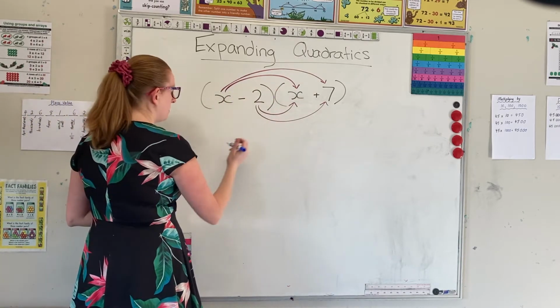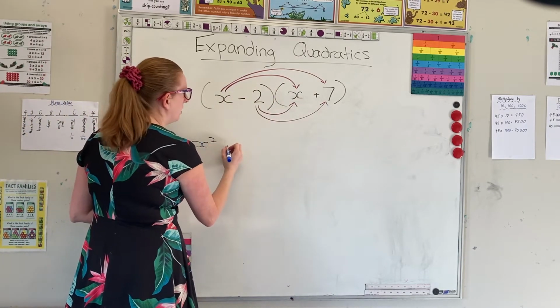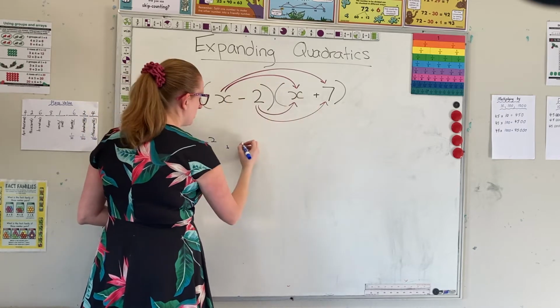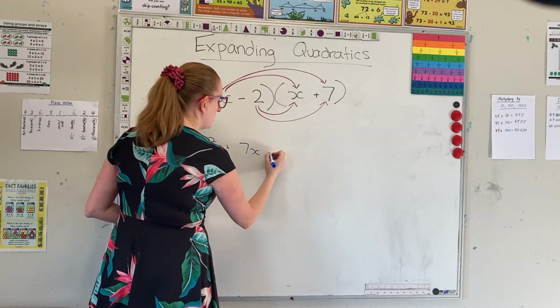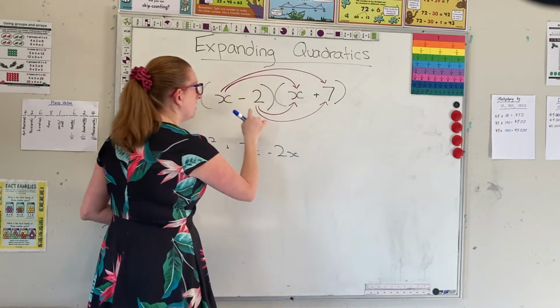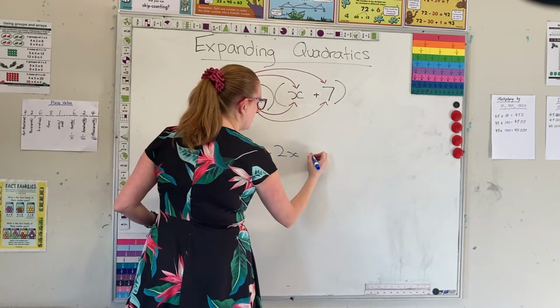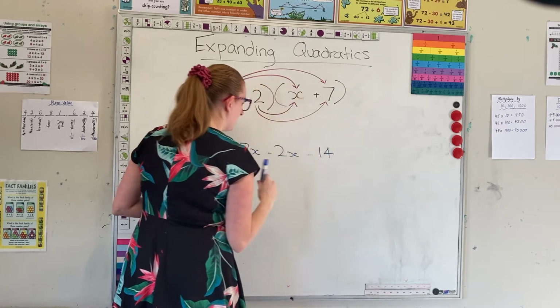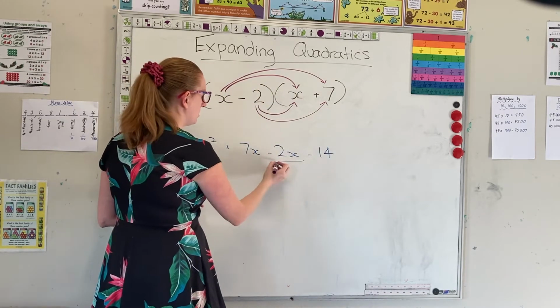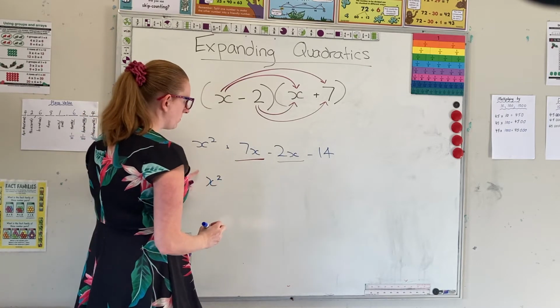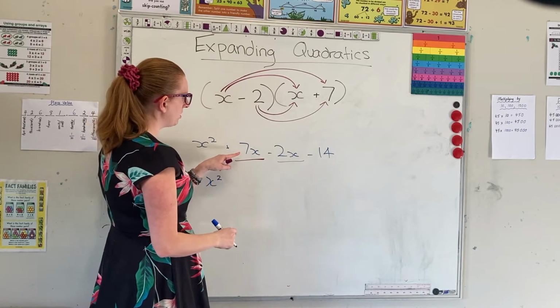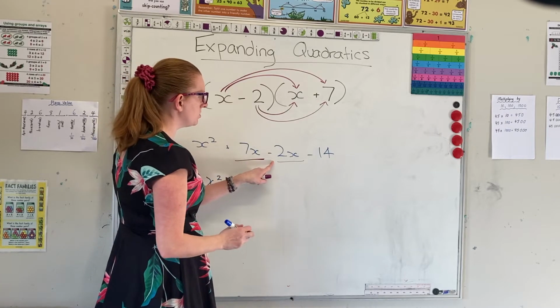So I've got x times x gives me x squared. Then I've got x times 7 gives me 7x. Then I've got -2 times x, so -2x. Then -2 times 7 gives me -14. Now I have some like terms. So that doesn't change. I've got x squared still. But now I've got plus 7x minus 2x.